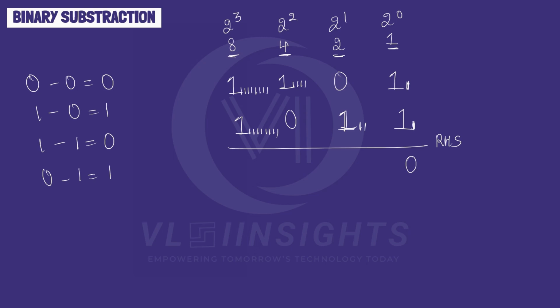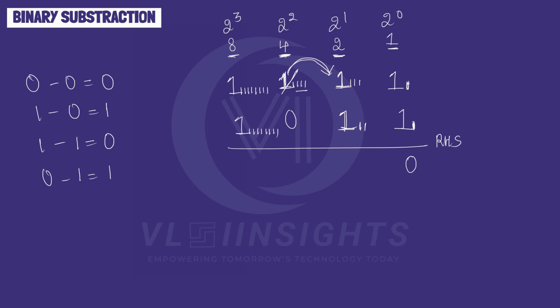Yes, I have the 1 in the next column, but the weightage of 1 here is actually 4 and the weightage of the second column is 2. So now I'll cancel this one and I'll take that third column 1 to the second column. So when I take this 1 to the second column, now instead of 0 let me write that as 1. But this one is having a weightage of 4, right?